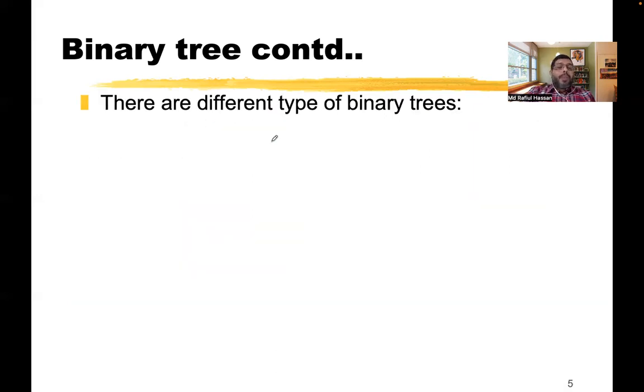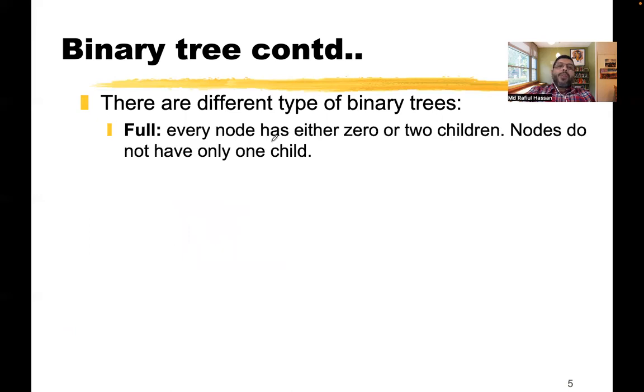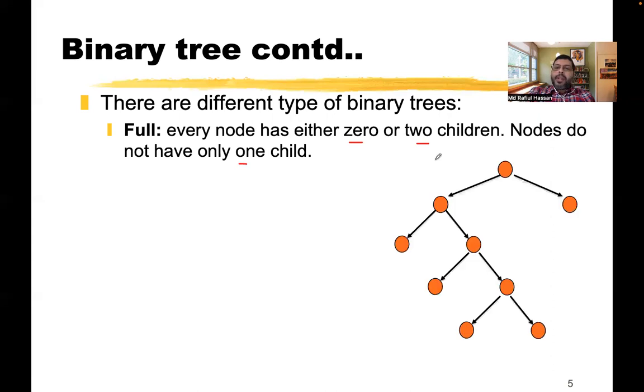There are different types of binary trees available. One is the full binary tree. What is the full binary tree? In a full binary tree, every node has either 0 or two children. Nodes do not have only one child in the full binary tree. So this is an example of the full binary tree. As you can see, each node of this tree has either two children or zero children.